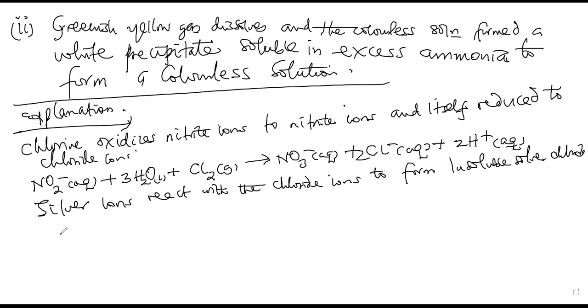When we write the equation, we shall have silver ions plus chloride ions to precipitate silver chloride.